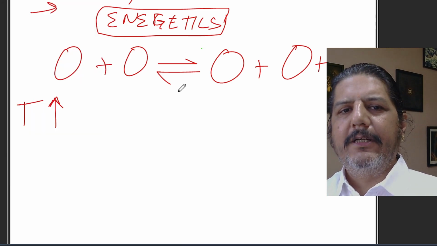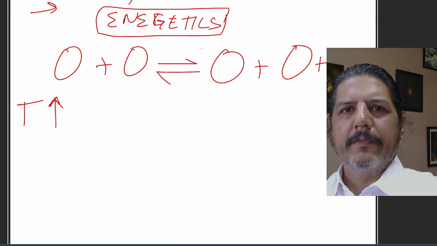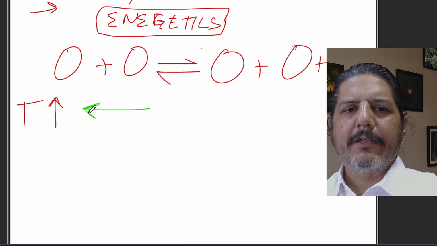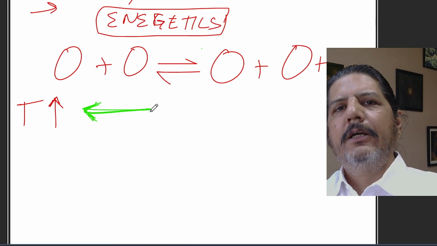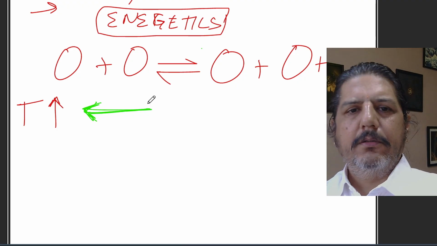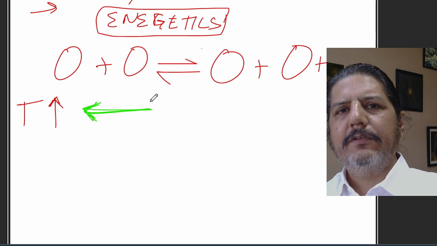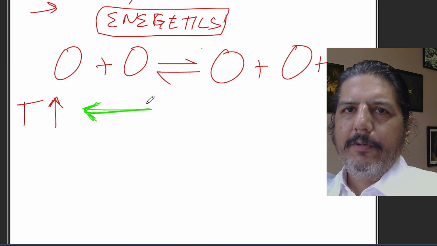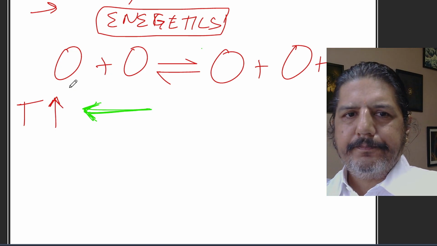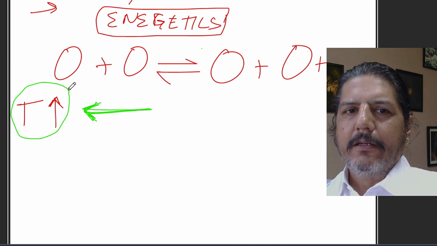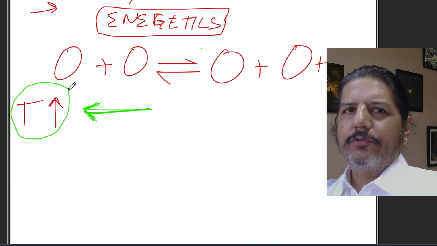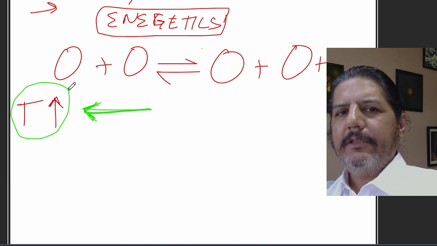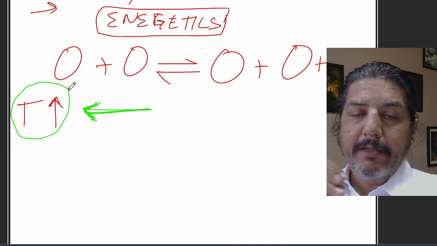The system understands that the forward reaction is exothermic, so the system will shift in the backward direction. Why? Because the system understands that if it moves in the forward direction, more heat will be produced. But you are increasing the temperature and the system wants to oppose it. So the system can only oppose it if it moves in the reverse direction.